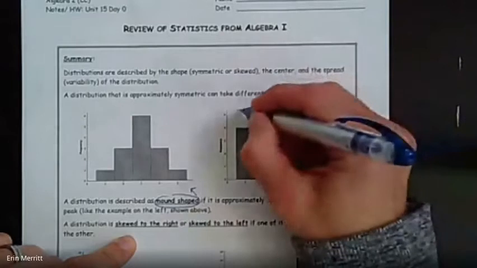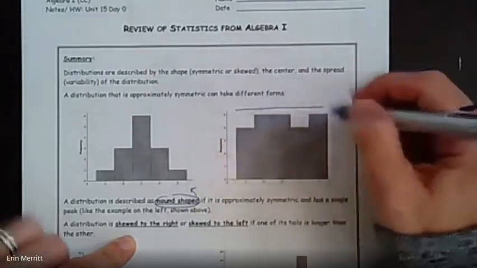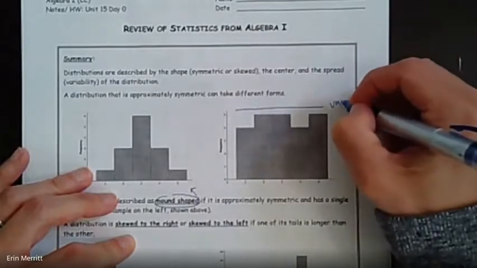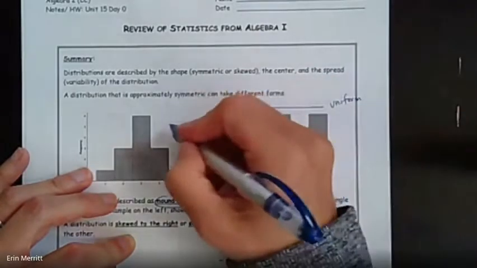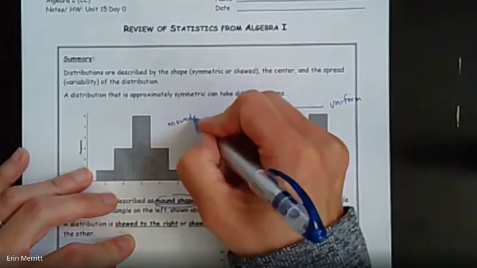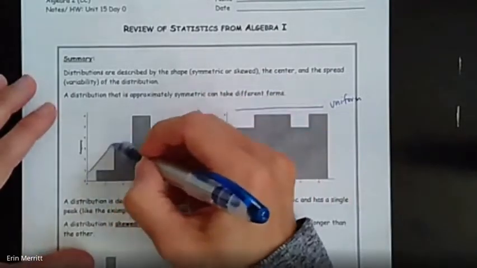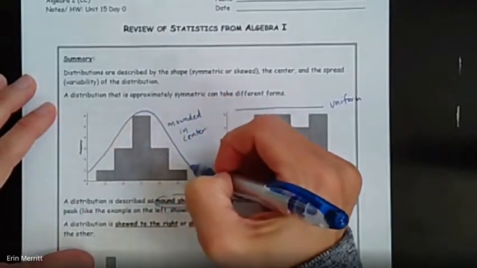All right, so I'm just going to draw a line across the top. Even though it's not perfect, it's the idea that you can kind of see what's happening. So this one is more uniform, whereas this one is more mounded in the center. All right, so you can kind of see that type of shape going on there.